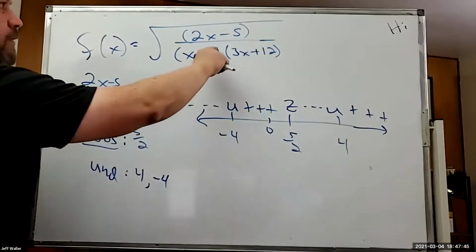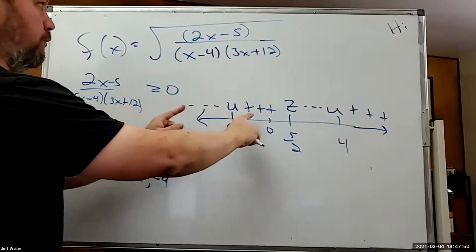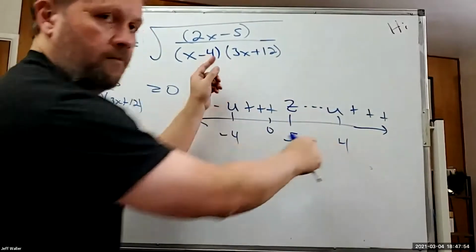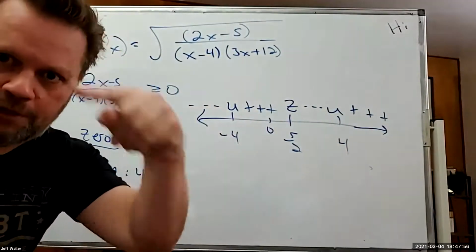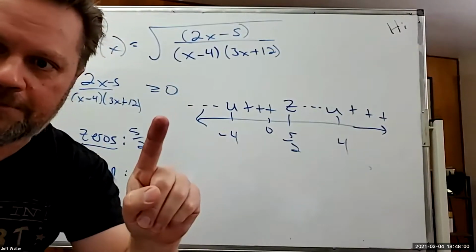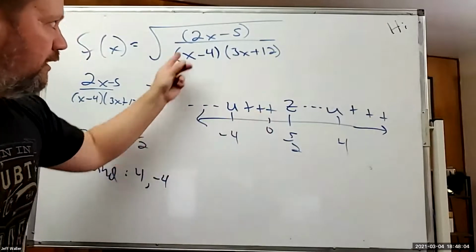If any of them had been squared, like if that would have been squared, this would have stayed the same sign around 4 because it would have had a multiplicity 2. That's where it turns. It stays the same sign. That's so cool. So I really just have to do one region and then I look at the multiplicities, bam, bam, bam.